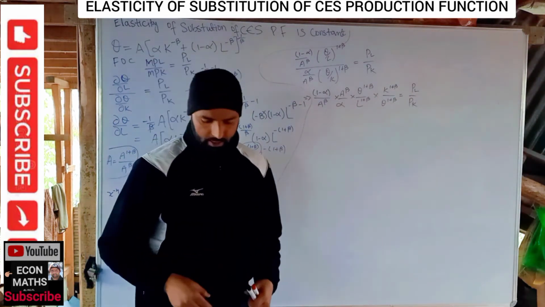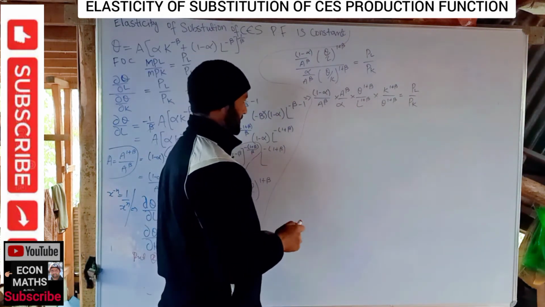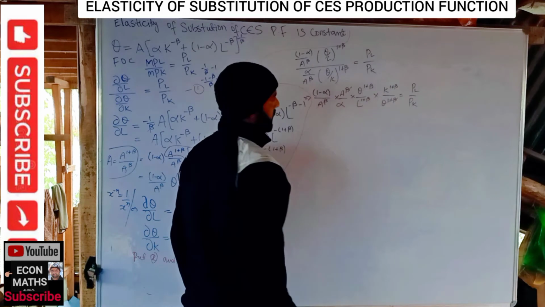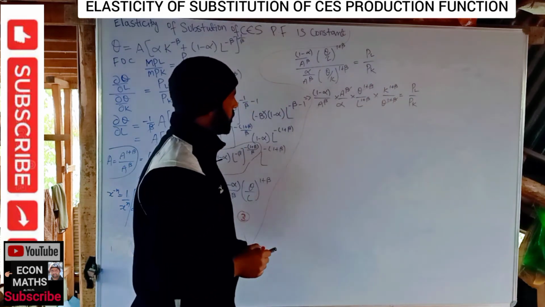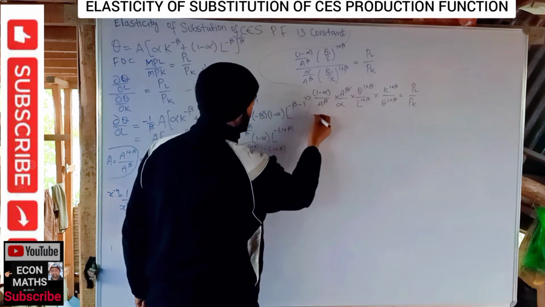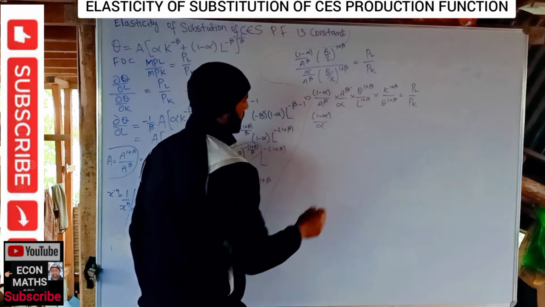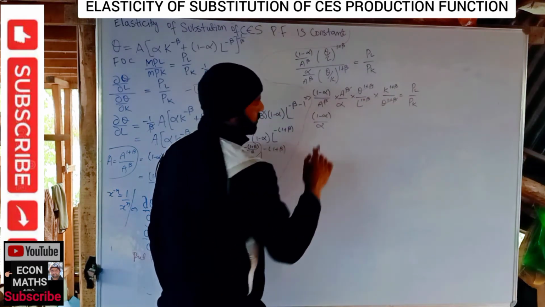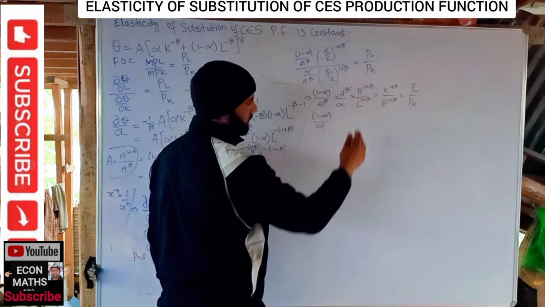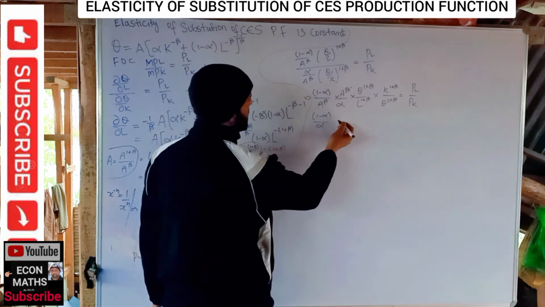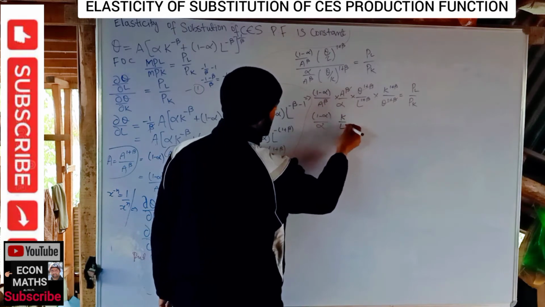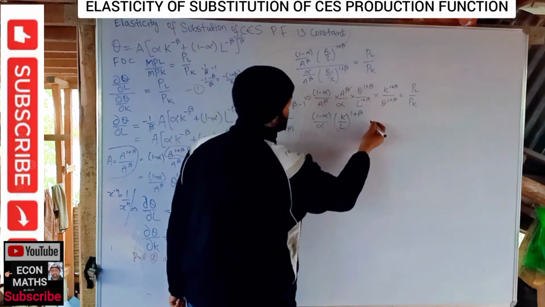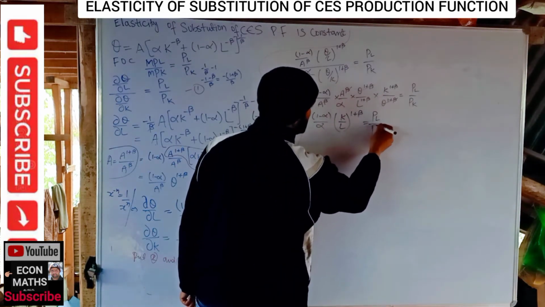Now here some terms will get cancelled, so we will see which ones. This A to the power beta, A to the power beta, and Q to the power 1 plus beta will get cancelled. So we are left with this (1 minus alpha) divided by alpha here, and with this K to the power 1 plus beta, L to the power 1 plus beta. They are in fractions, numerator and denominator, and we can write them as K divided by L whole power 1 plus beta. So this should be equal to PL divided by PK here.